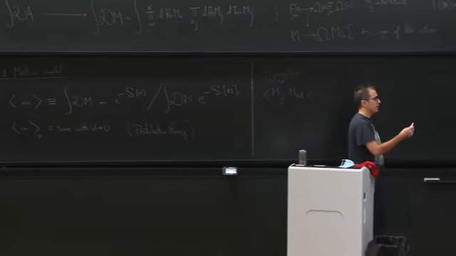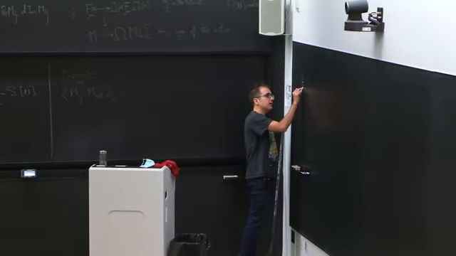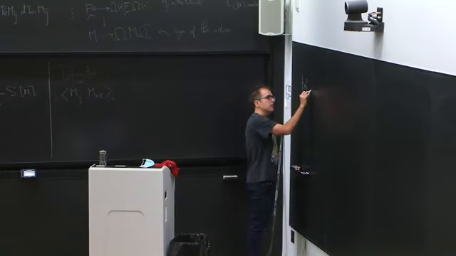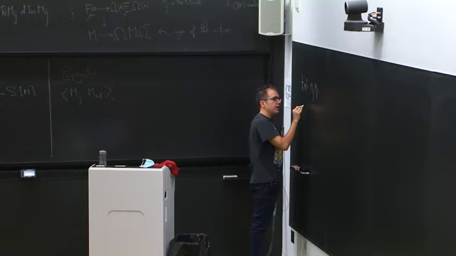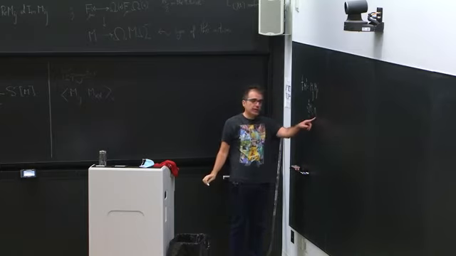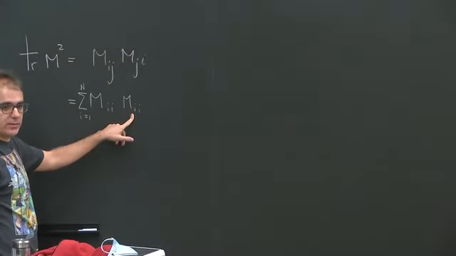Okay, I'm going to help you a little bit. Trace of m square is equal to Mij Mji, which is Mii Mii. Now, because I have 4 indices, let me really write the sum 1 to n. These ones are real, the diagonal ones, because m is Hermitian.